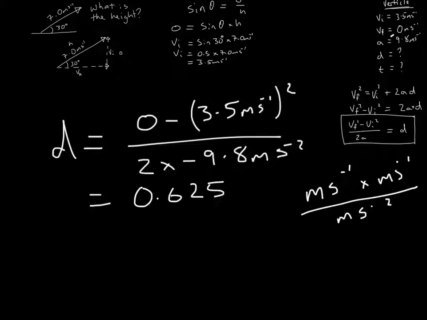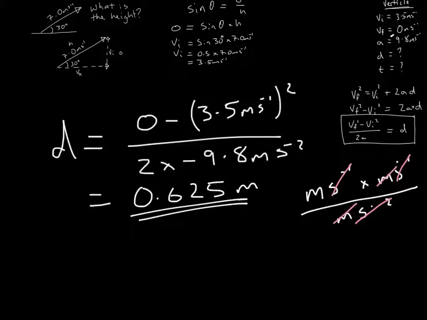Oh, look at that. So seconds, I've got a second negative 1, second negative 1 here, so that cancels out with second minus 2 on the bottom. Meters cancels out, so the unit I'm left with is meters. I mean, that was pretty obvious anyway, because as a distance, that's our height.